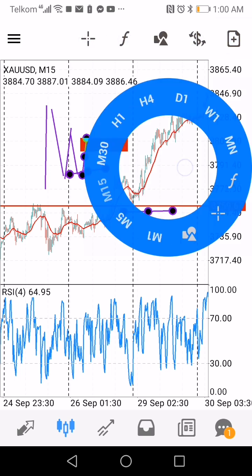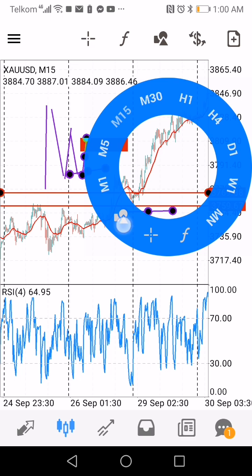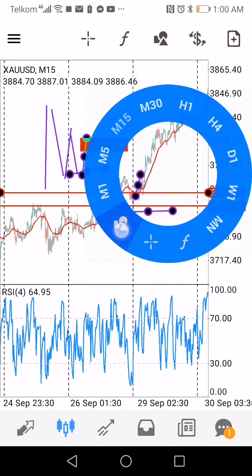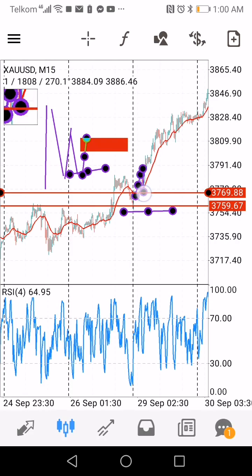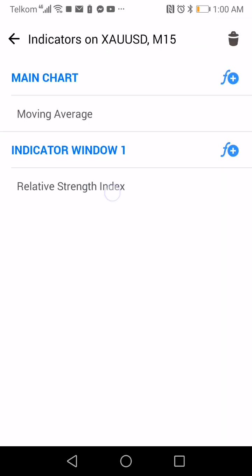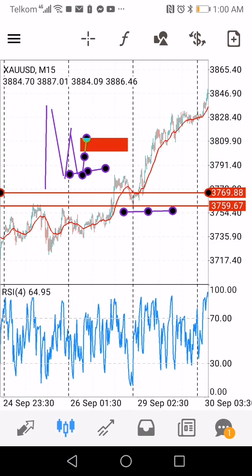Okay, after the market gives me this leg, second leg W, the market gives you first leg W, second leg W, on first entry criteria. This is a 20 moving average, guys. I'm using the 20 exponential moving average. So second leg W in your direction.